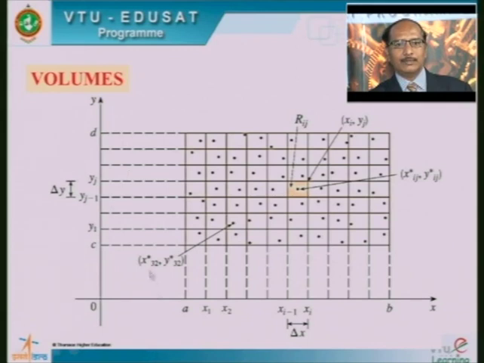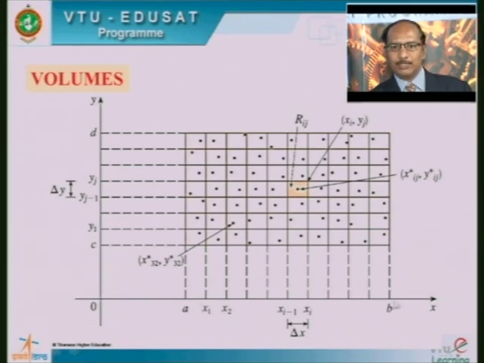There is an interval a to b along the x direction, and we have denoted the subintervals. a is nothing but x0 here, then x1, x2, x3 and so on, x_{i-1} and x_i. This is a general arbitrary interval, x_{i-1} to x_i. b is nothing but x_n.